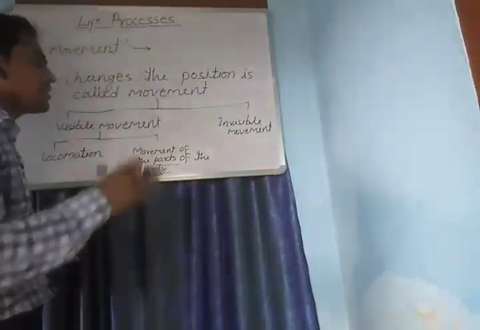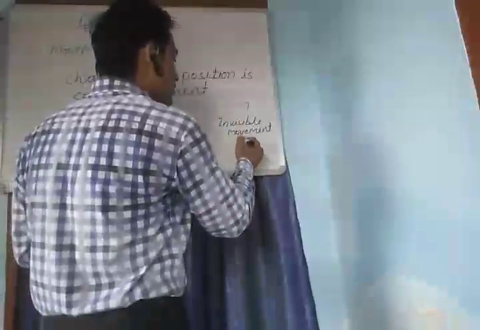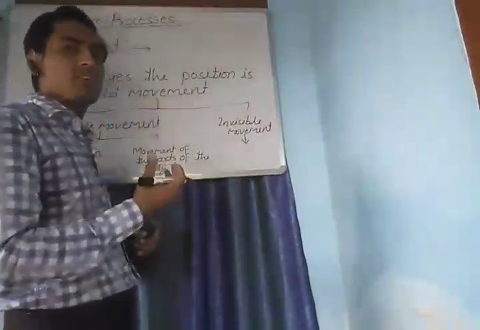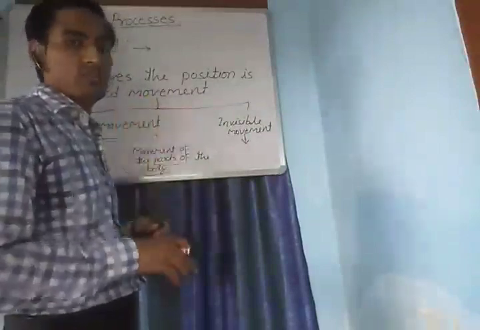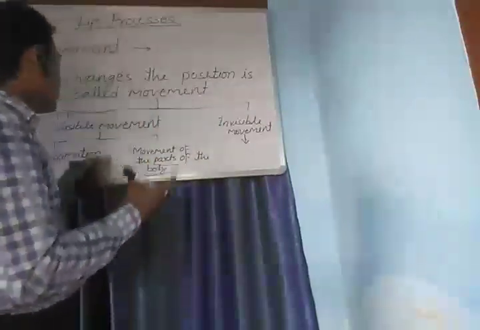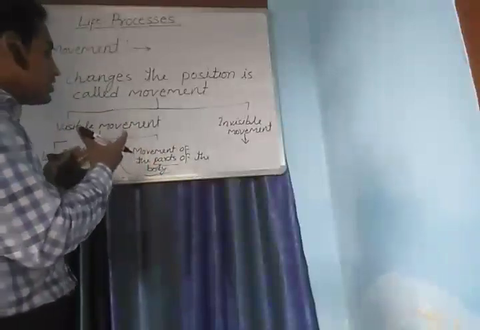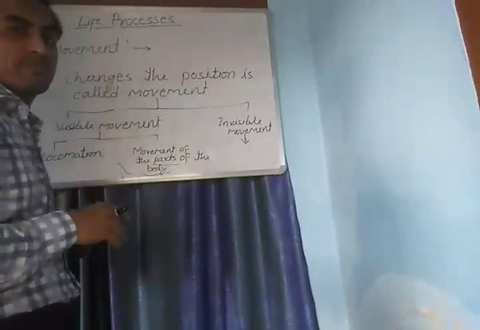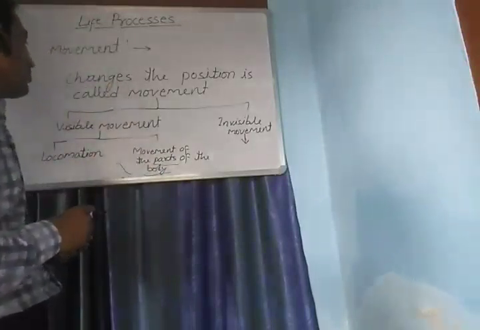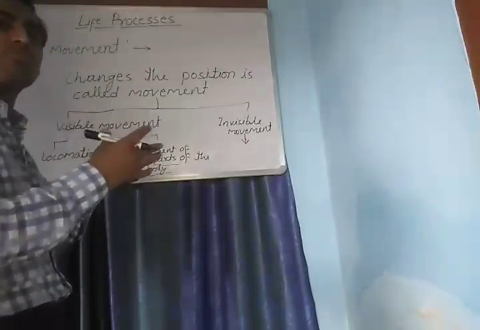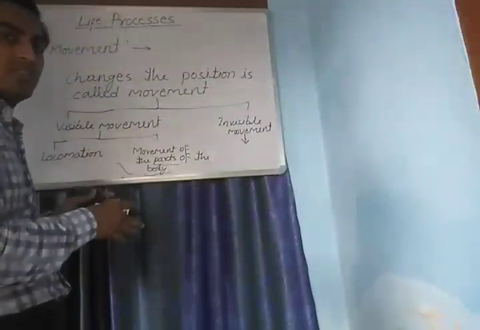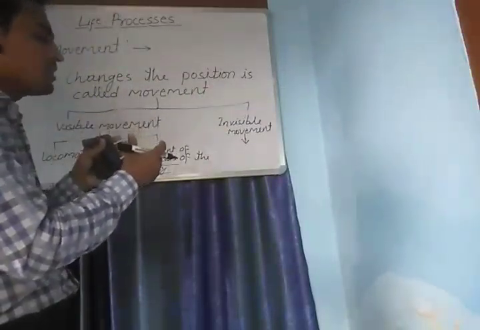The next one is invisible movement. This type of movement cannot be detected by our eyes or by the sense organs. If we think about it, visible movement is not the criterion of actual life, because plants cannot move from one place to another. They are present at the same place, but they show movement of body parts.